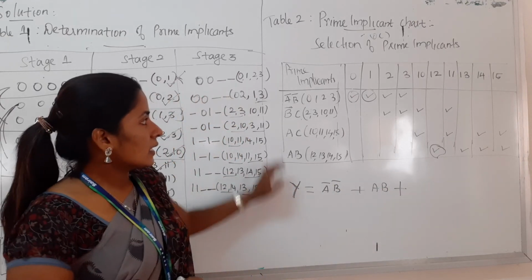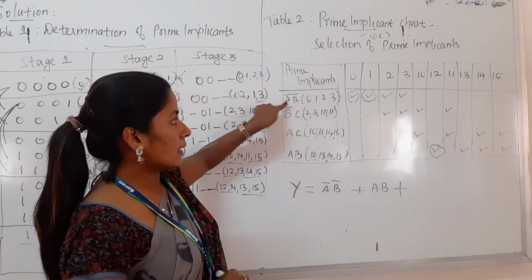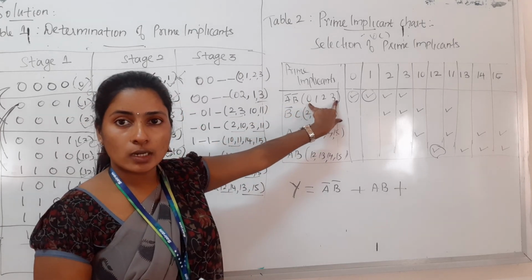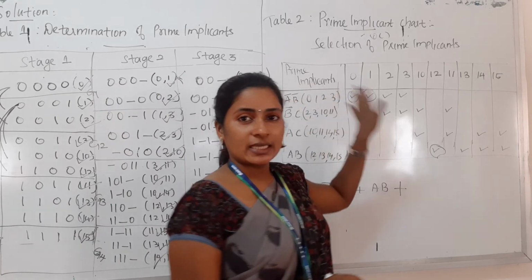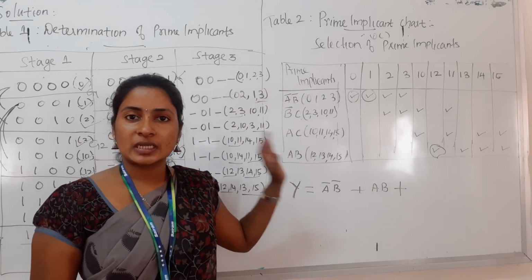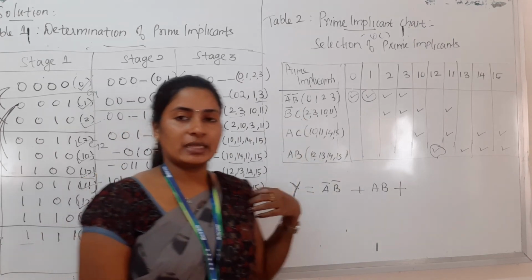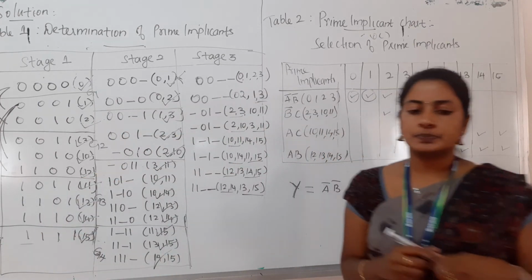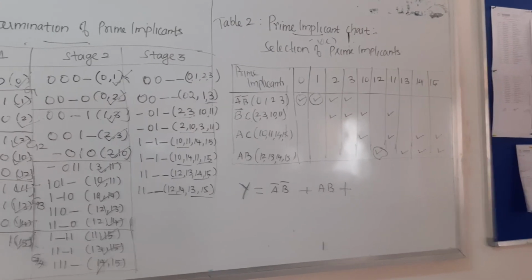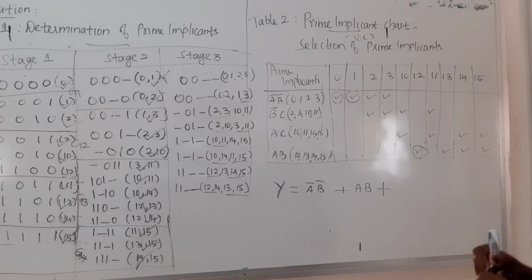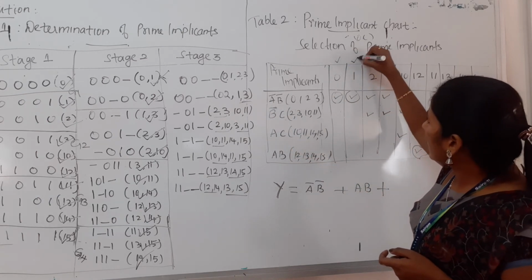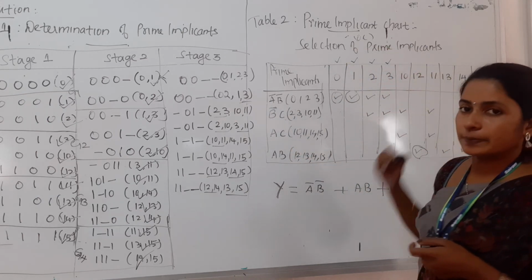You see, A bar, B bar is covering all the 4 min terms. The result should cover all the min terms. That is the thing. So you can see A bar, B bar is covering 0, 1, 2 and 3.